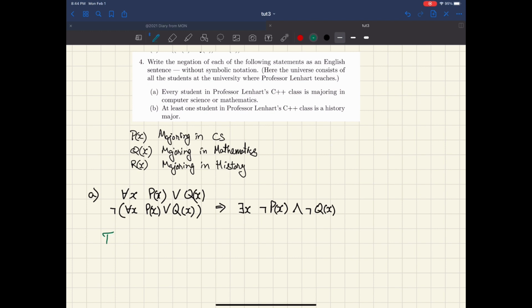There exists at least one student in Professor Lenhart's C++ class who is not majoring in CS and mathematics.